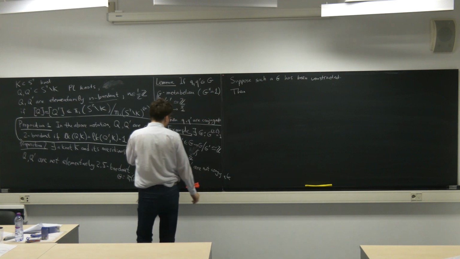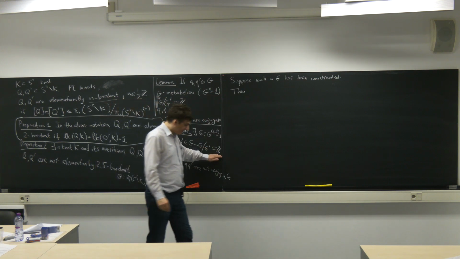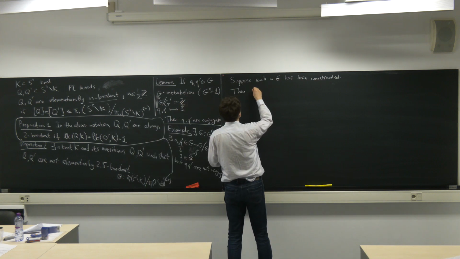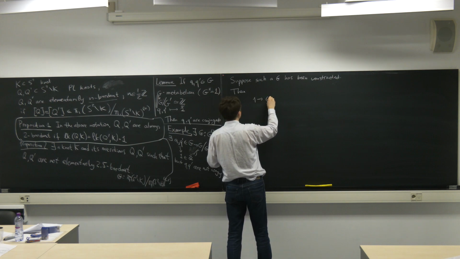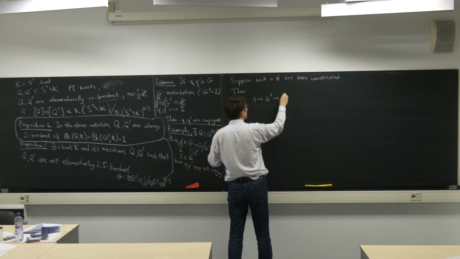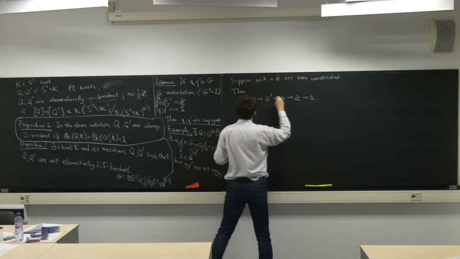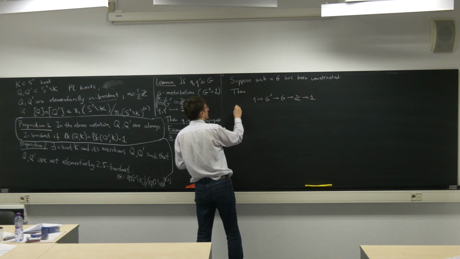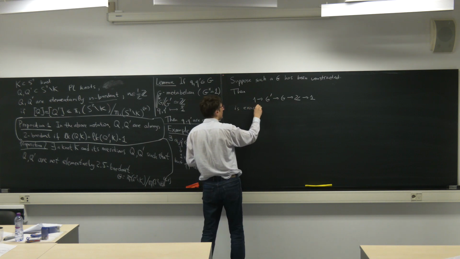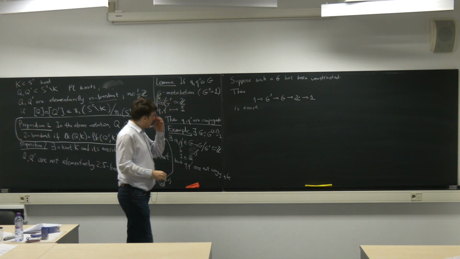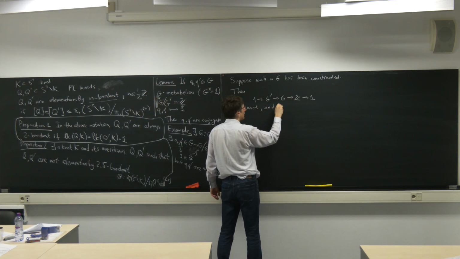So we have that the abelianization of G is Z. Then we have a short exact sequence: 1 goes to G prime goes to G goes to Z. So this is exact. And also it splits.